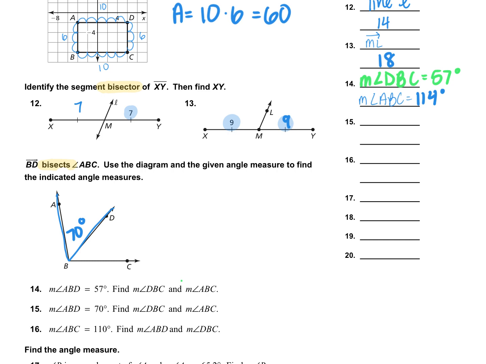Again, it bisects, cuts it in half equally, so the other side should be the same. The measurement of angle DBC equals 70 degrees. Now they're asking us for the measurement of angle ABC. The measurement of angle ABC would be good, 140.